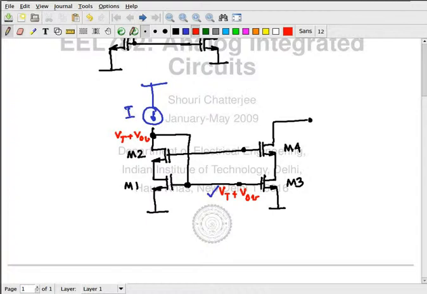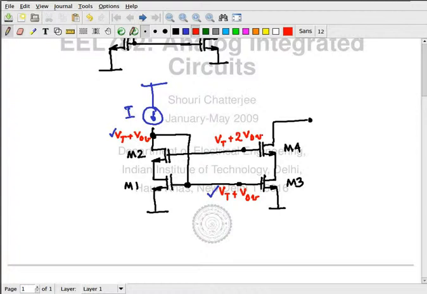Now, I need Vt plus 2 VOV at the gate of M4. This is what I need. I don't yet know if I have it. This is what I want.